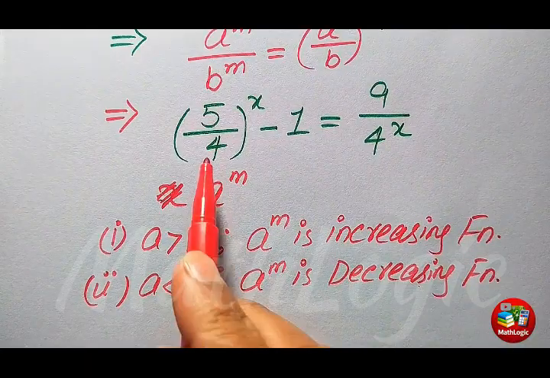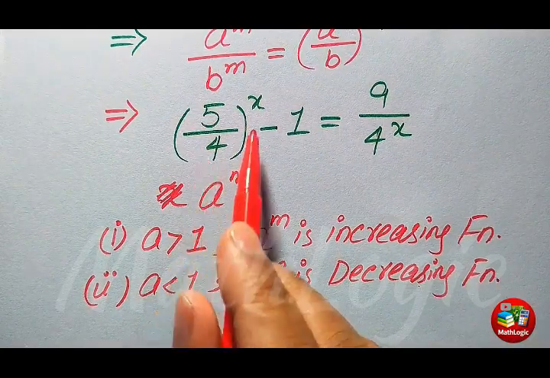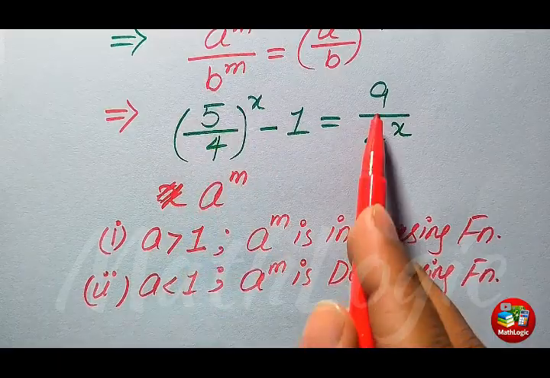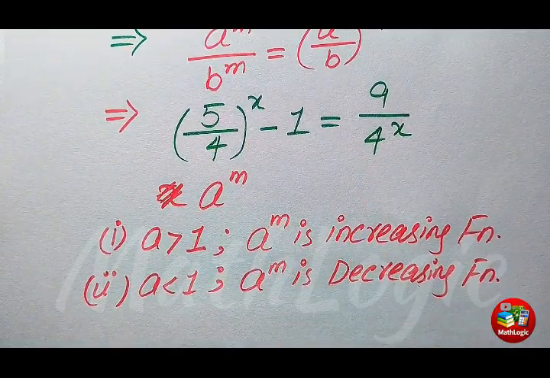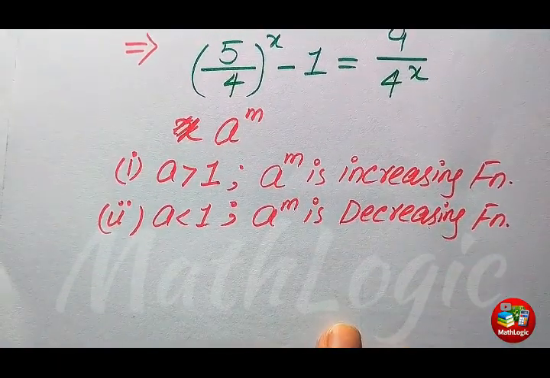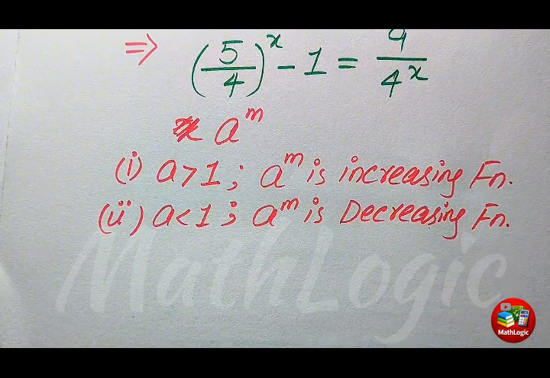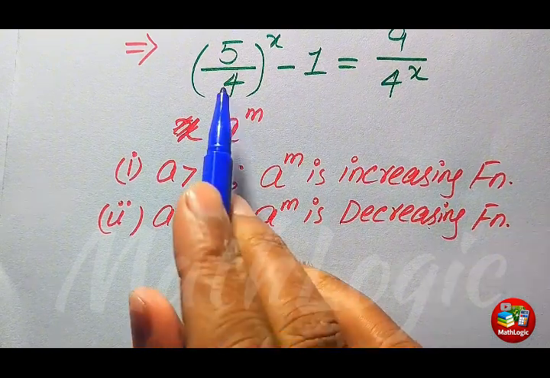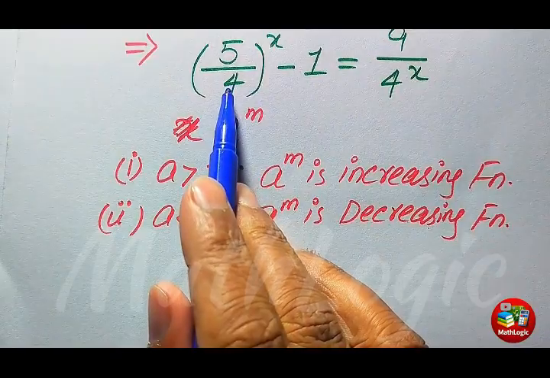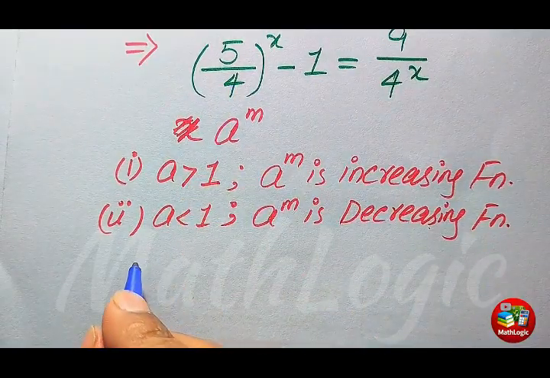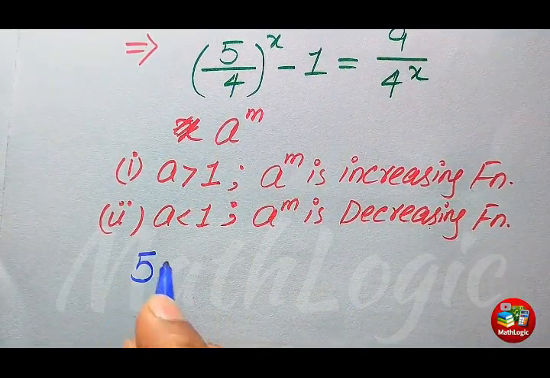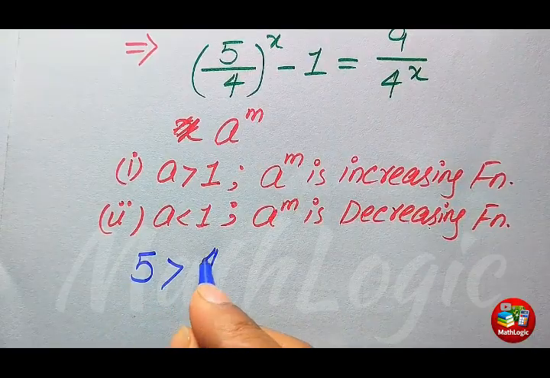So now we need to decide whether 5 over 4 to the power of x is increasing or decreasing, or whether 9 over 4 to the power of x is increasing or decreasing function. Now first we need to focus on the left hand side, and you see here the base of this term is 5 over 4, and we know that 5 is always greater than 4.